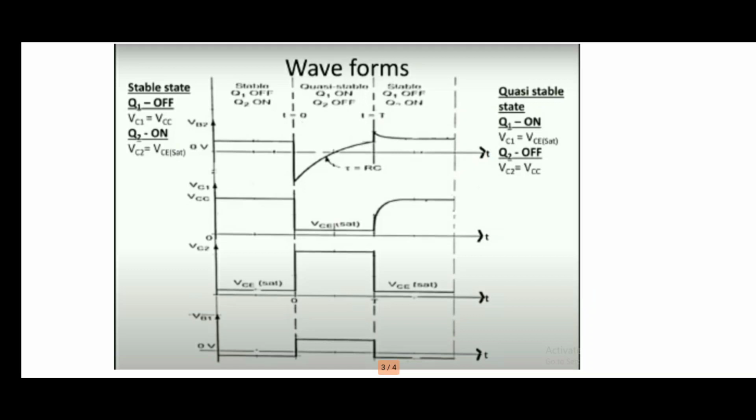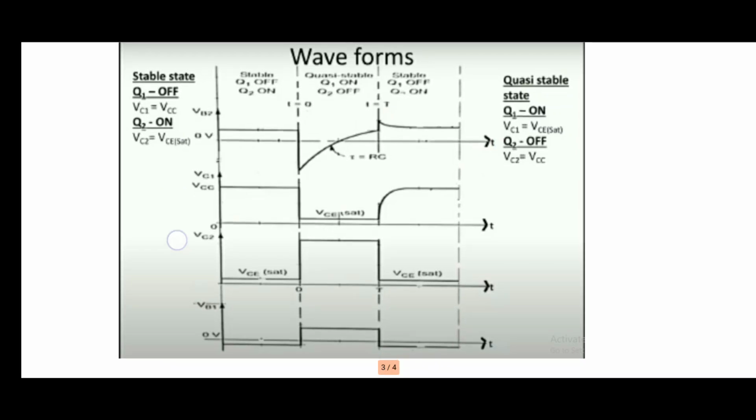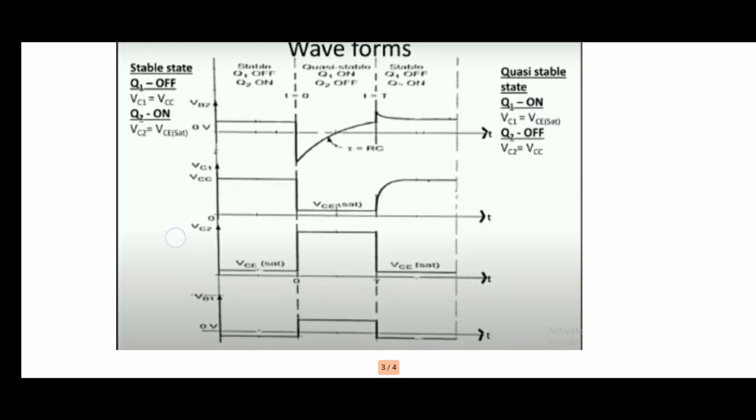Here we are going to draw 4 different graphs: VB2, the voltage at the base terminal of Q2, VC1, the collector voltage of Q1, VC2, the collector voltage of Q2, and VB1, the base voltage of Q1. At first, we can see the graph of VC1.